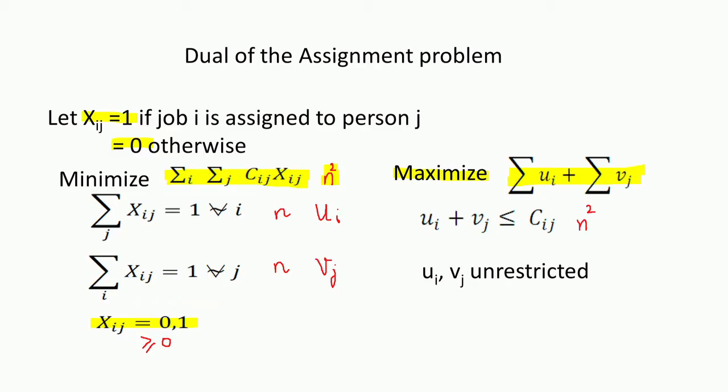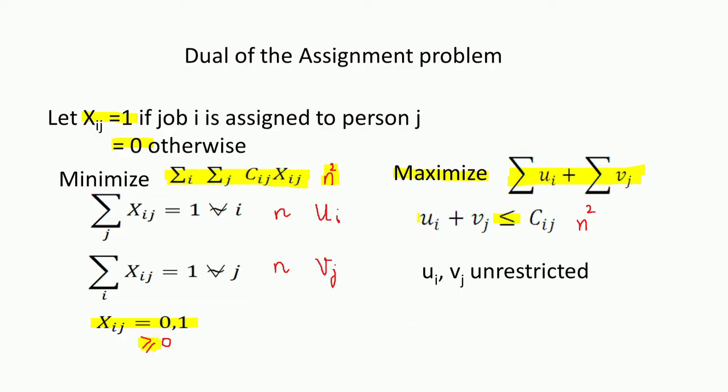Now, they will be of the form ui plus vj less than or equal to cij. That is because if I take a typical xij, it will appear here in the ith constraint and here in the jth constraint. So, it will take the form ui plus vj, and the objective function coefficient is cij. So, ui plus vj less than or equal to cij. Maximization problem, less than or equal to, because in the minimization problem, greater than or equal to variable will result in the corresponding less than or equal to constraint in the dual, which is the maximization problem.